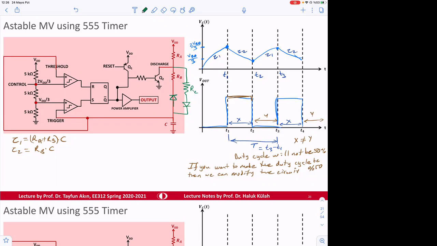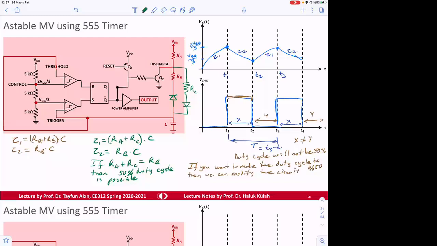So if ideal diodes are selected here, in this case, tau1 will be equal to RA plus RC times C. Tau2 is going to be equal to RB times C. So if RA plus RC is selected to be equal to RB, then a 50% duty cycle is possible.